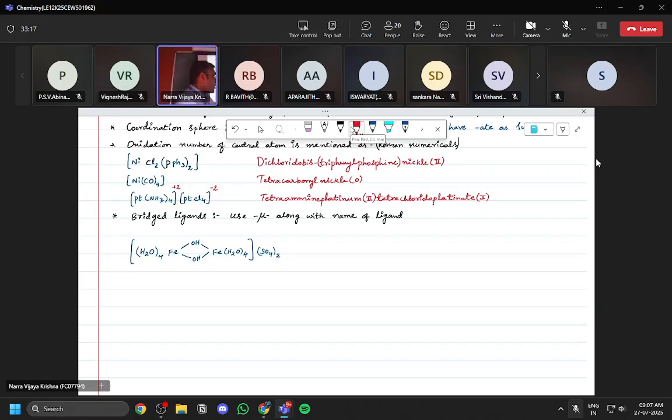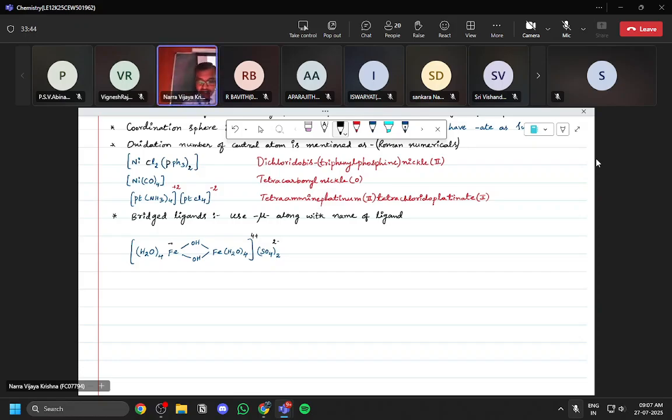No, here it is 4 minus. Sorry, SO4, 2 minus, 2 minus. Means the total charge of the cation is +4. Sulfate I am writing 2 minus, twice. Now in this, OH is -1. This OH also -1. Then what about both irons?